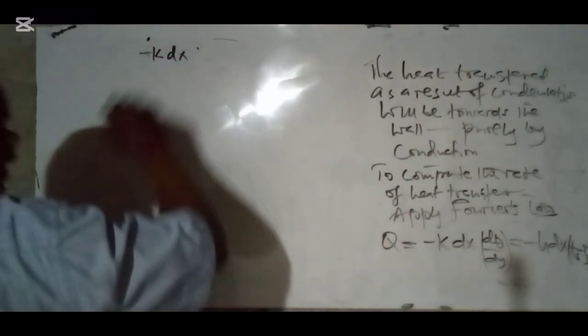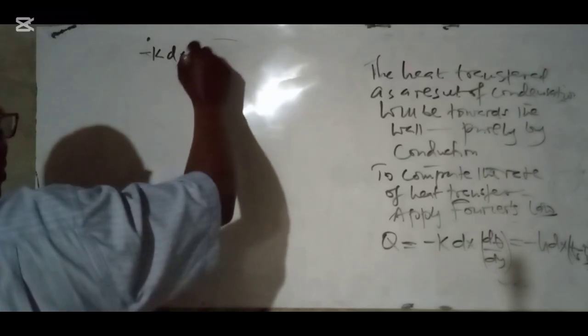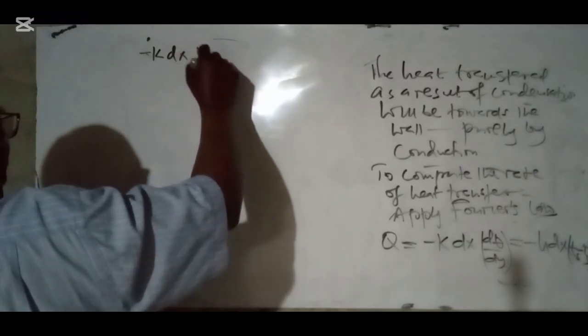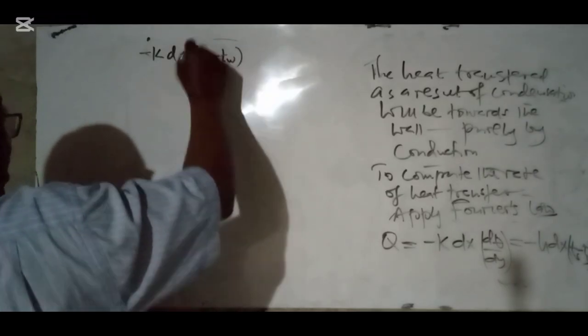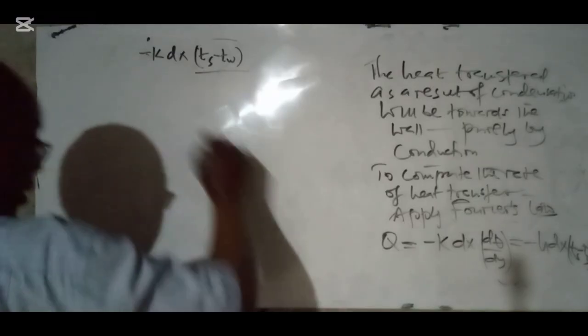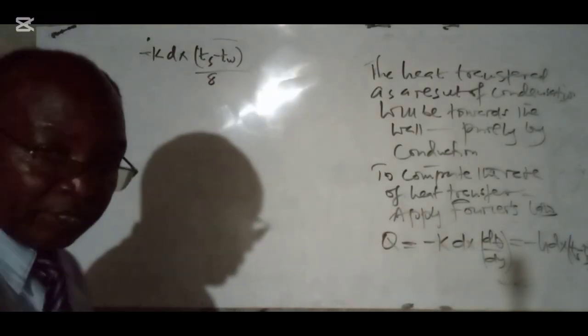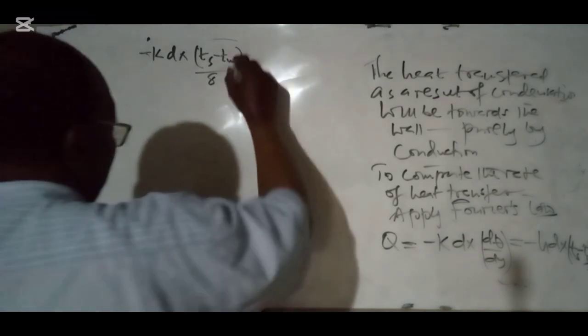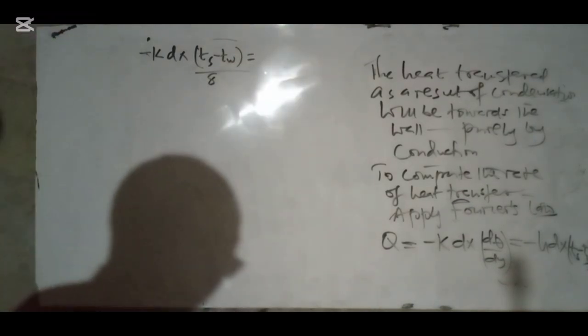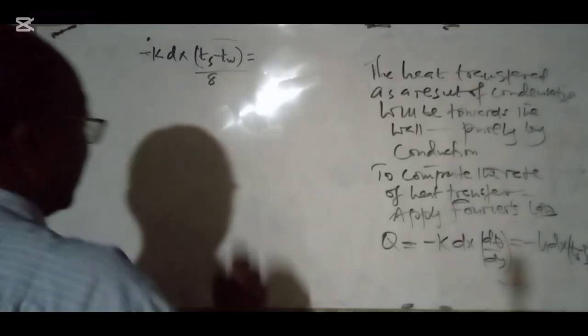So if we rearrange these quantities, then minus k dx into (Ts minus Tw), the dy is the thickness of the boundary. We have already seen that in many of the lectures.